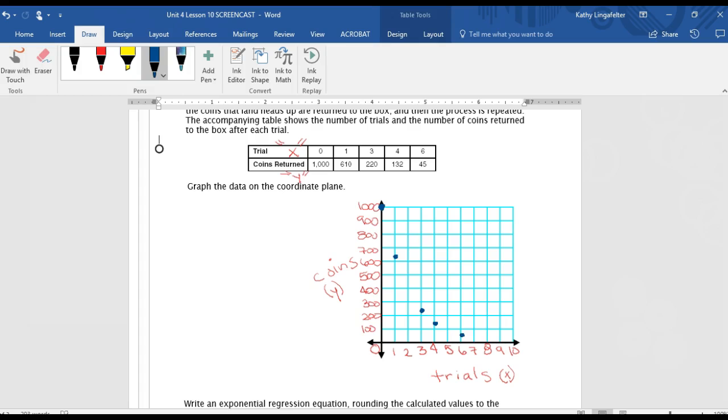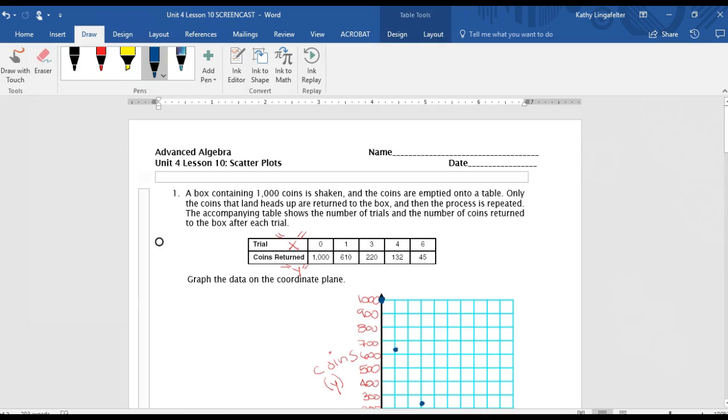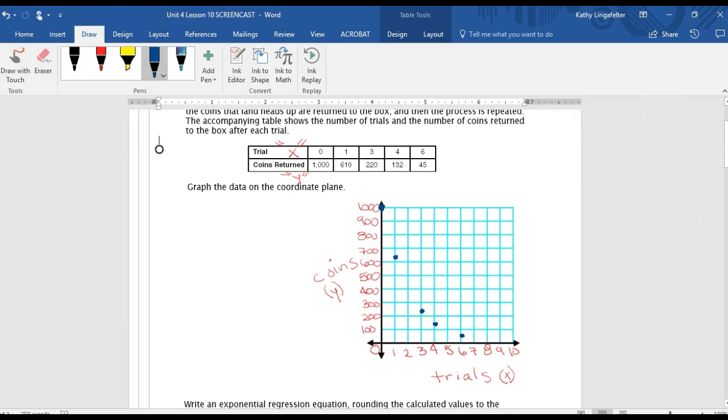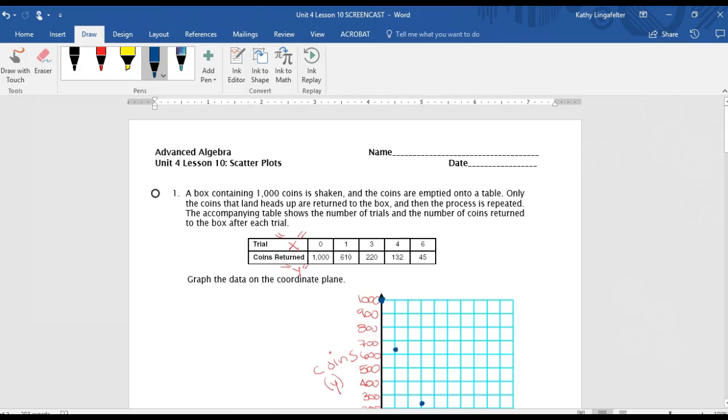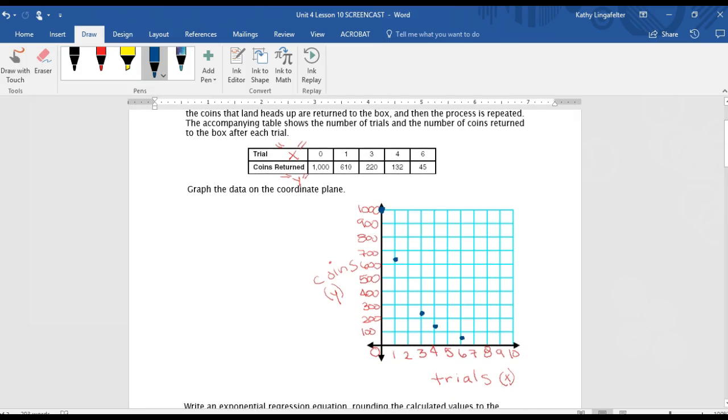So you can see that this does look, this is called scatter plots, but it's also called exponential regression. So we're going to actually have a graphing device, whether it's Desmos or a graphing calculator, write the equation of this exponential function.